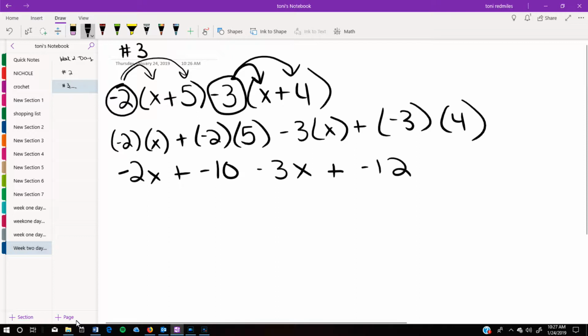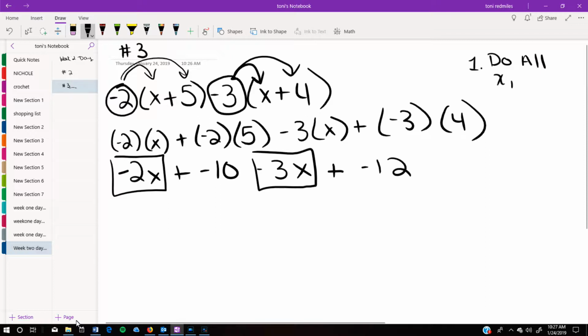All right, let's get our like terms together. So it always goes in that order. Number 1, do all multiplication, division, and distributing. Then number 2, get like terms together.